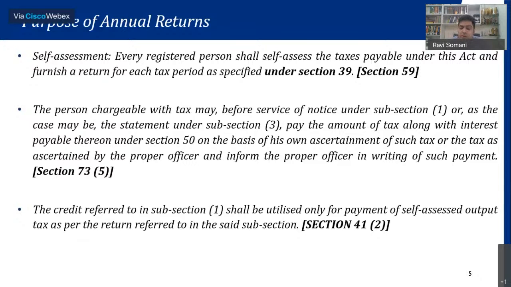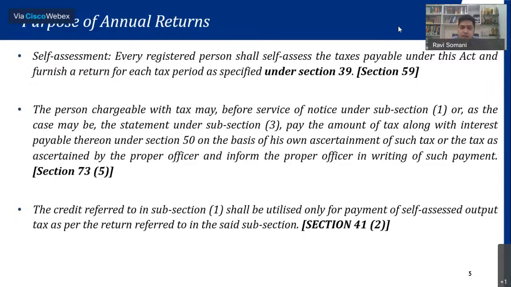Now let us look at what we call self-assessment. When do you call something a self-assessment? Section 59 of the CGST Act is the relevant section as far as self-assessment is concerned. It says, every registered person shall self-assess the taxes payable under this Act and furnish a return for each tax period as specified under Section 39.